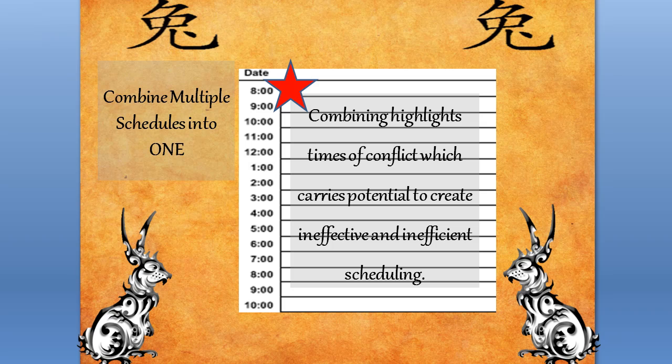Why do we combine the multiple schedules into one? Again, because it highlights times of conflict. And again, conflict carries the potential for us to be ineffective and inefficient when scheduling. And if we are ineffective and inefficient when we schedule, it means that we're not going to complete everything we need to get done in our day.